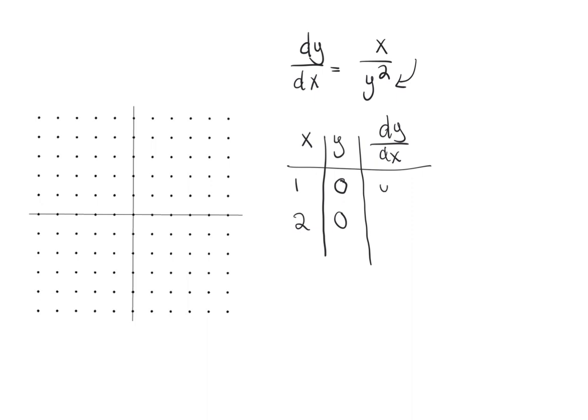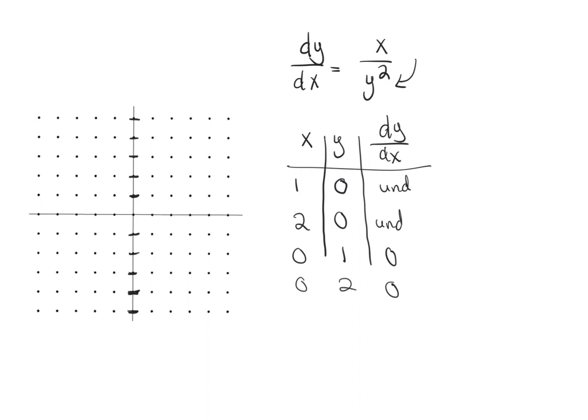You're going to have an undefined slope. So students might want to think, oh, I'm going to draw a vertical line at those. And you might see that sometimes, but really what you're supposed to do is just leave it blank. So there will be no slopes here. But on the y-axis, the points like 0, 1 and 0, 2 give 0, so these will all have horizontal slopes.